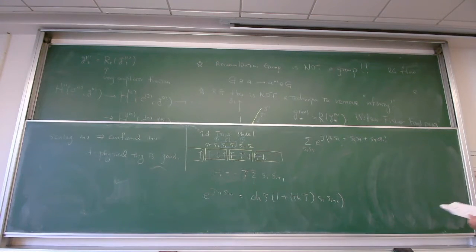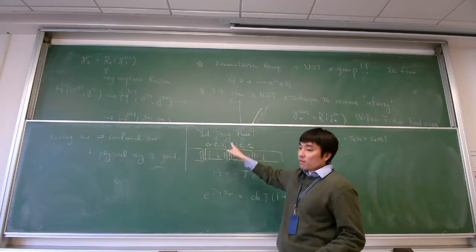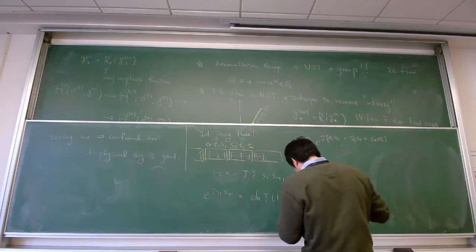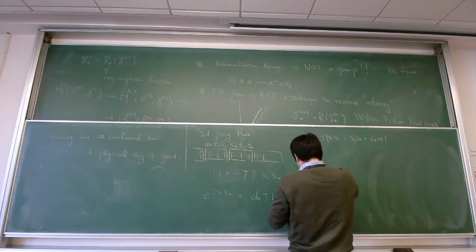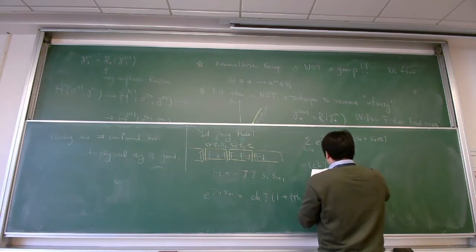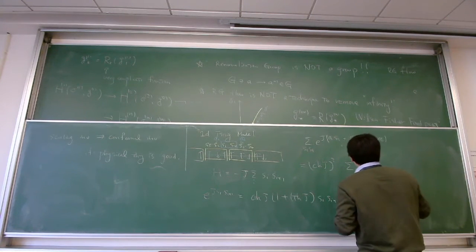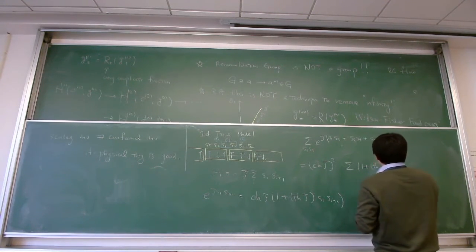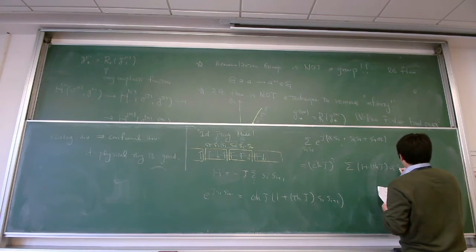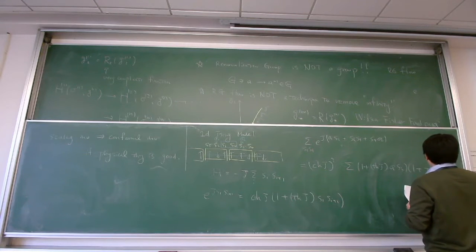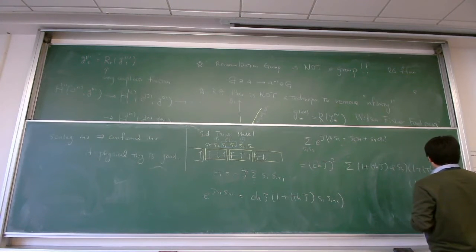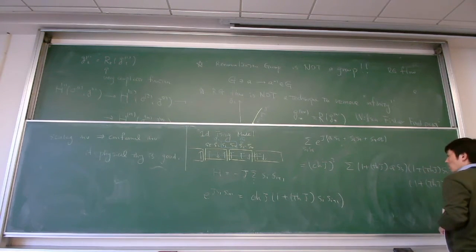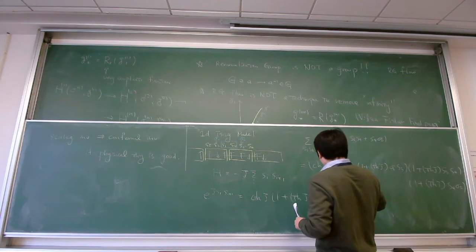So you just average over S3 and S4 while keeping sigma 1 and sigma 2 fixed. Then plug this in, and this can be written as cosh J cubed, sum over S3 and S4 of (1 plus tanh J sigma 1 S3)(1 plus tanh J S3 S4)(1 plus tanh J S4 sigma 2).